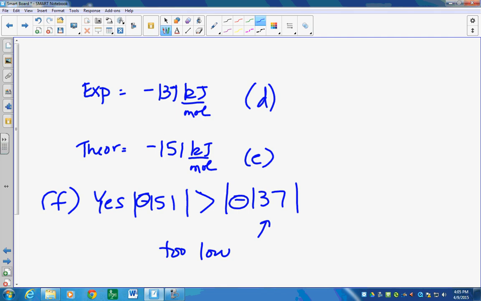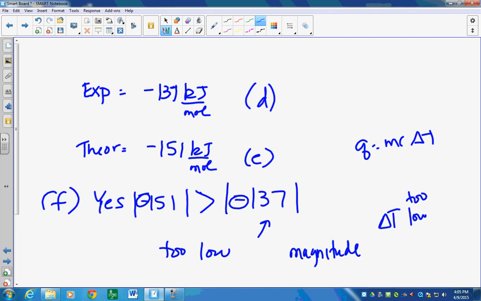And would that account for the discrepancy? So this is what the scoring guidelines say. Yes, because the magnitude, they're using the word magnitude. That means absolute value in chemistry. The magnitude is too low. And this is caused by delta T, remember Q equals MC delta T, being too low.